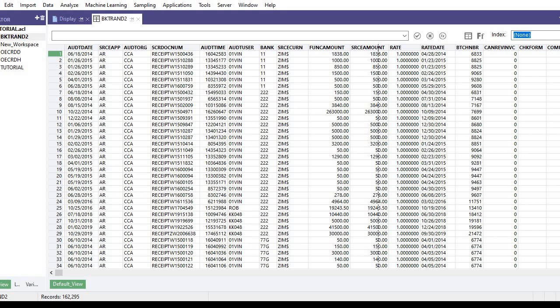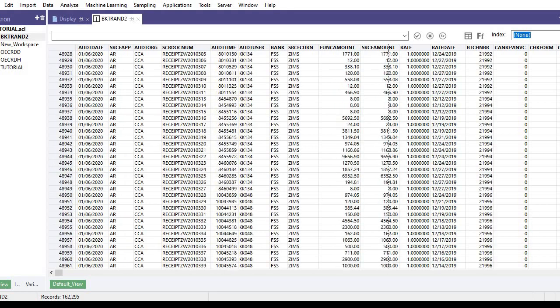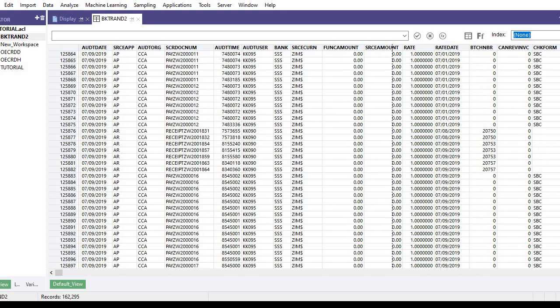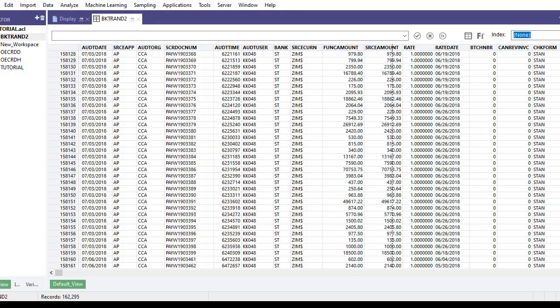And the source currency here, SRCE CAN, means source currency. In this case, we do have Zimbabwean dollar. We received money from debtors in the form of Zim dollars.